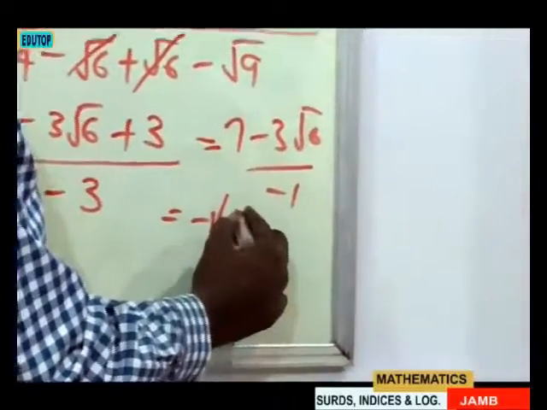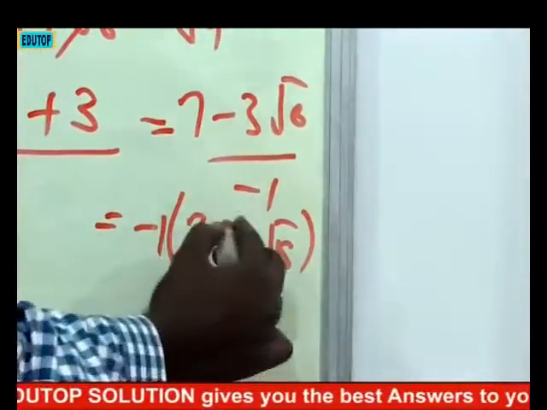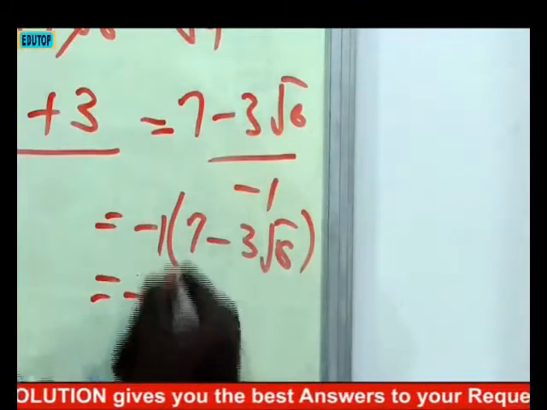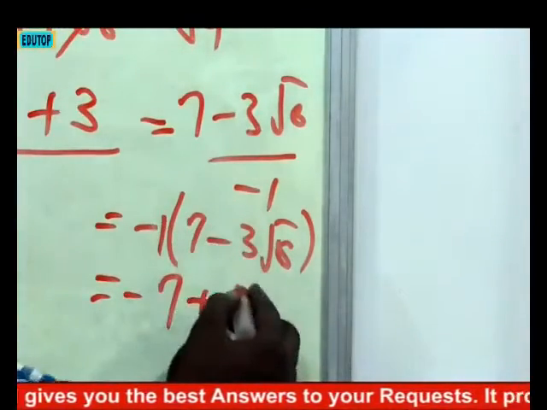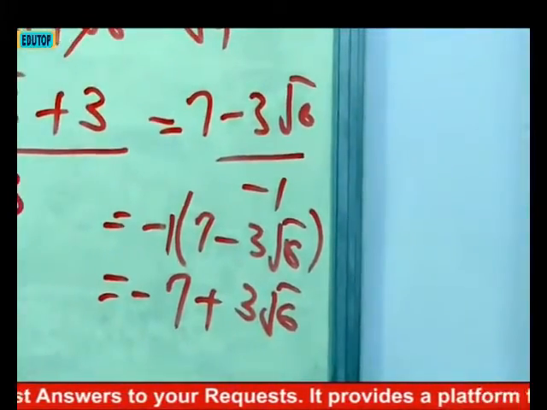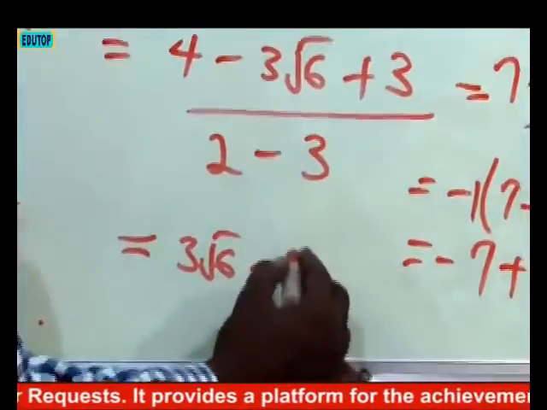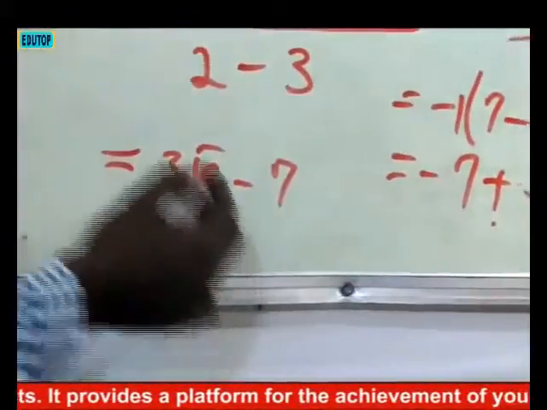So you have 7 minus 3 root 6. Here, when this minus opens this, you have minus 7, minus times plus 3 root 6. How do you rewrite this one? Then this one can be rewritten as 3 root 6 minus 7. So this one is definitely equal to this.